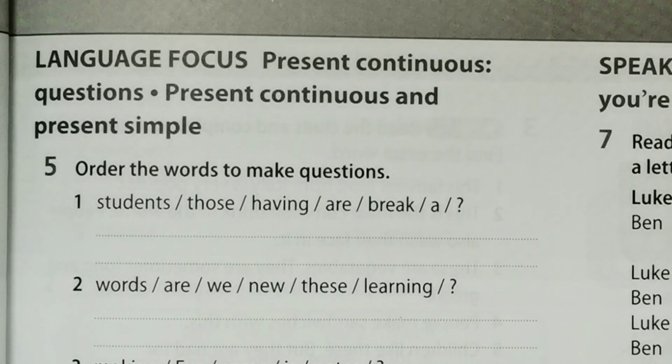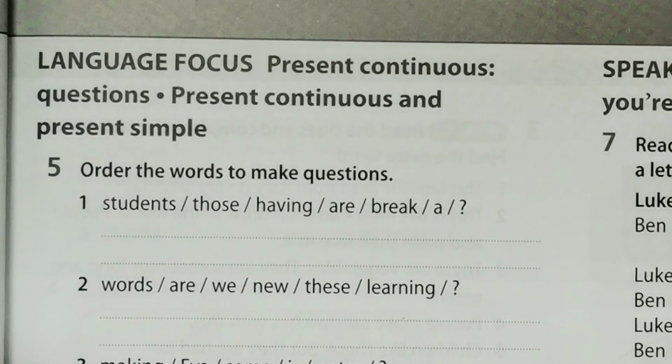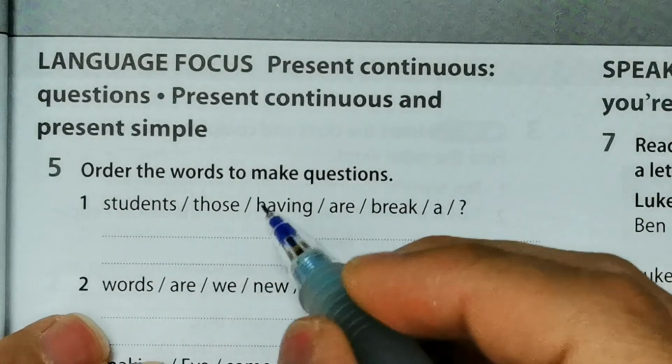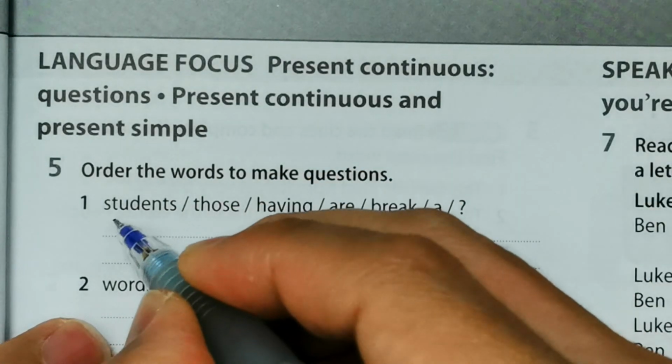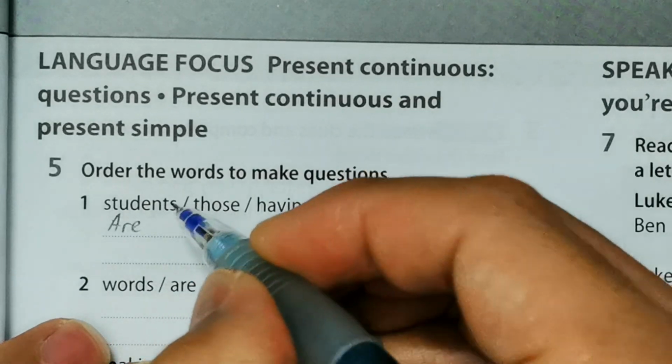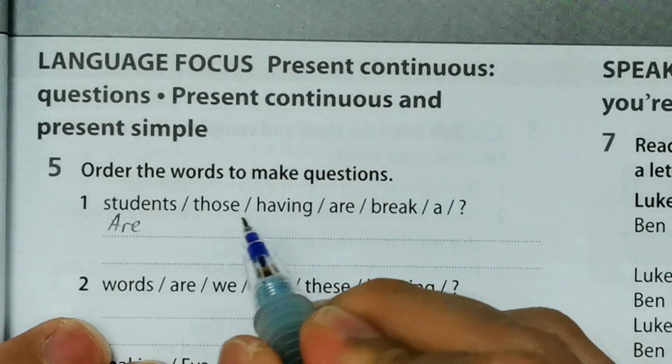So number 1. So we have those. We have the auxiliary verb here, are. And then we have those.